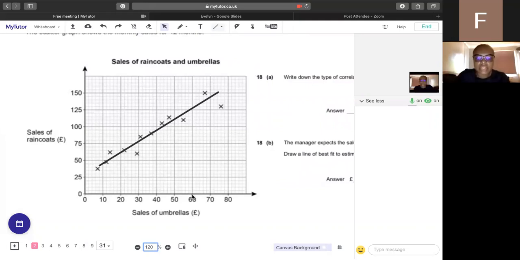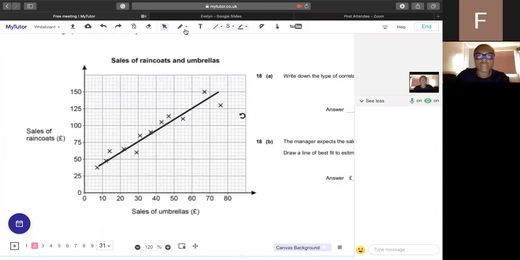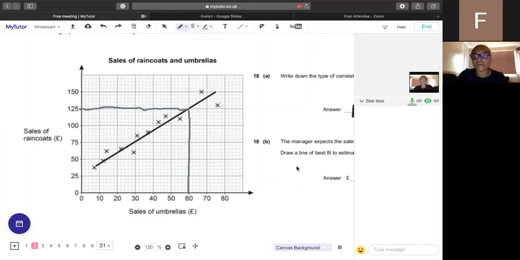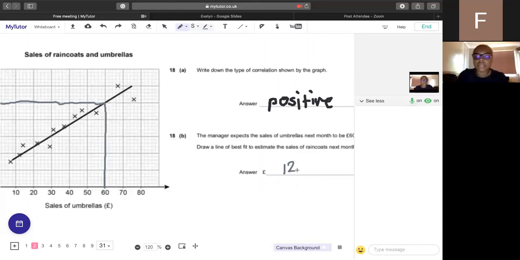From 60, all the way up until the line, and then across, we get, and obviously use a ruler when you're doing this part, £125 for the sales of raincoats. That would be our answer, and that would be enough to get you full marks for this question.